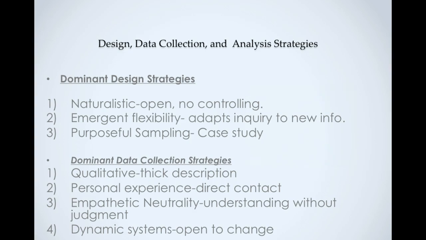That works. And then purposeful sampling is unlike quantitative and qualitative. You may want to focus on one or two people and attempt to gain information from in-depth case studies as opposed to a very broad sample.